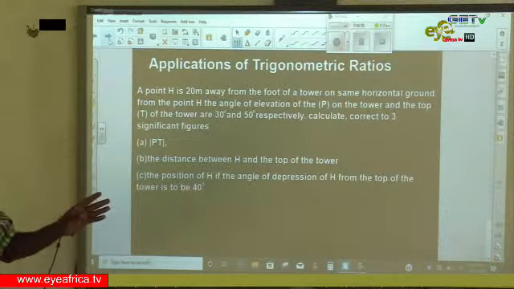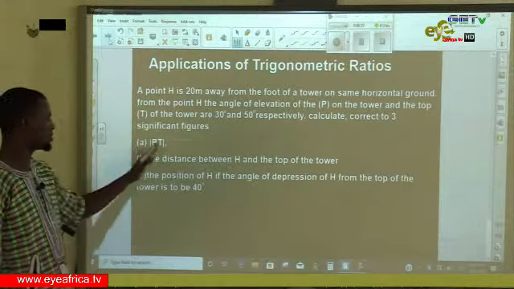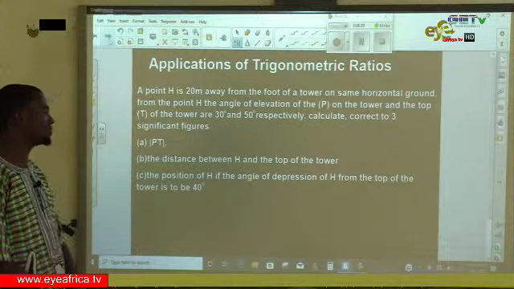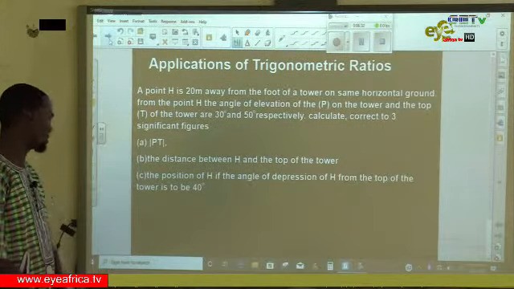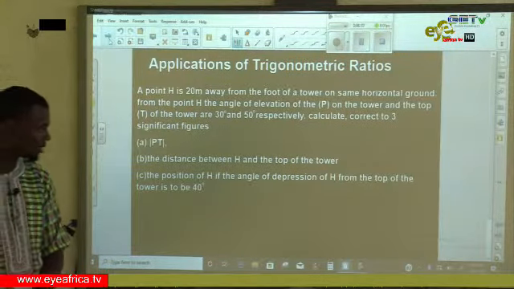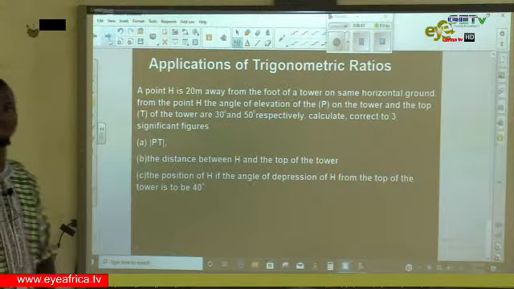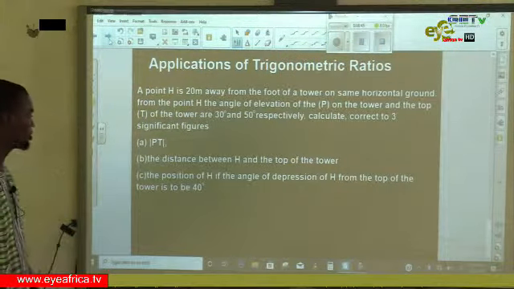P on the tower, that is very important, and the top T of the tower are 30 degrees and 50 degrees respectively. Calculate, correct to three significant figures, A, PT; B, the distance between H and the top of the tower; and C, the position of H if the angle of depression of H from the top of the tower is to be 40 degrees.